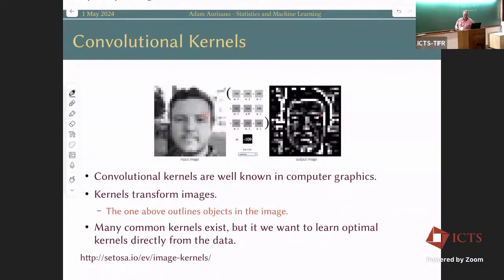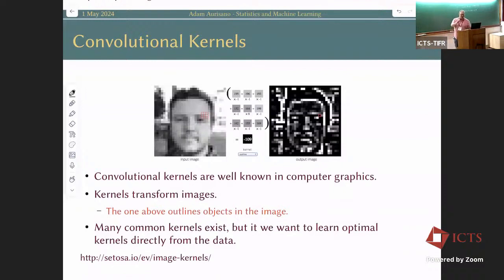There are many convolutional kernels that are known, and they do specific things. There are edge detectors, which find when the derivative of an image changes abruptly, and there are blurring ones, and sharpening kernels. If you've ever used Photoshop, basically every single tool in Photoshop is applying a particular convolutional kernel to your image. So these convolutional kernels extract features from the image.